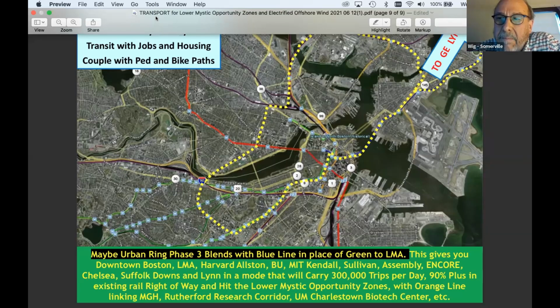And given that West Station as an asset would be multimodal with buses, which will be electrified at some point, as well as the rail component, you almost have part of your urban ring with that.